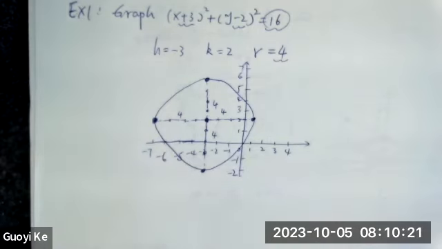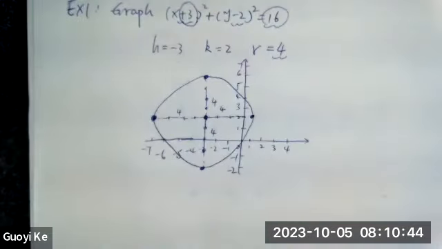Question. Why does K equal 2? It's positive, but the problem shows negative. Because it's opposite, right? I think you guys are tricked. How to find H and K?